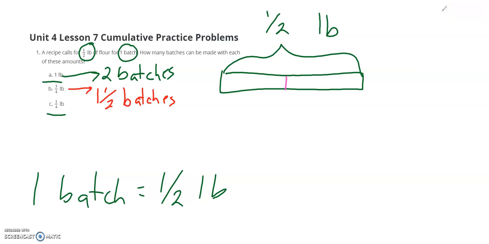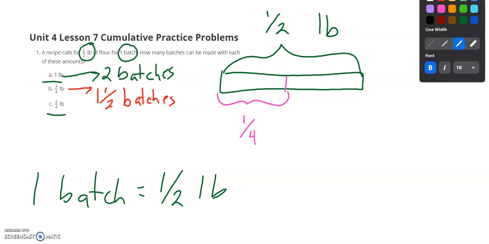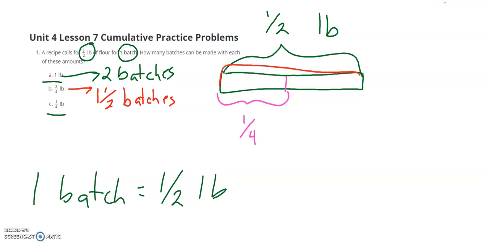We just said that 1/4 of a pound is 1/2 of a half. If 1/2 pound is one whole batch, then 1/4 of a pound is 1/2 of a batch. With 1/4 pound, you can make 1/2 batches.